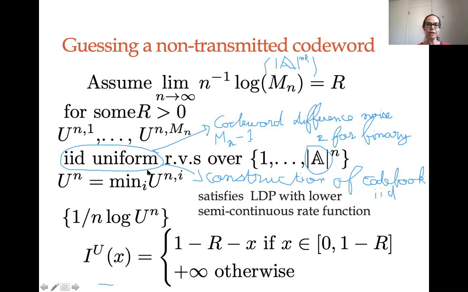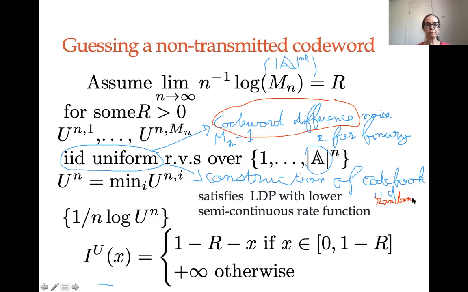So it's very important, and I'm going to emphasize that, only the code word difference noises have this IID distribution. And the IID uniform distribution comes because of the random construction of the code book. So this is going back again to the construction that was given to us originally by Shannon.